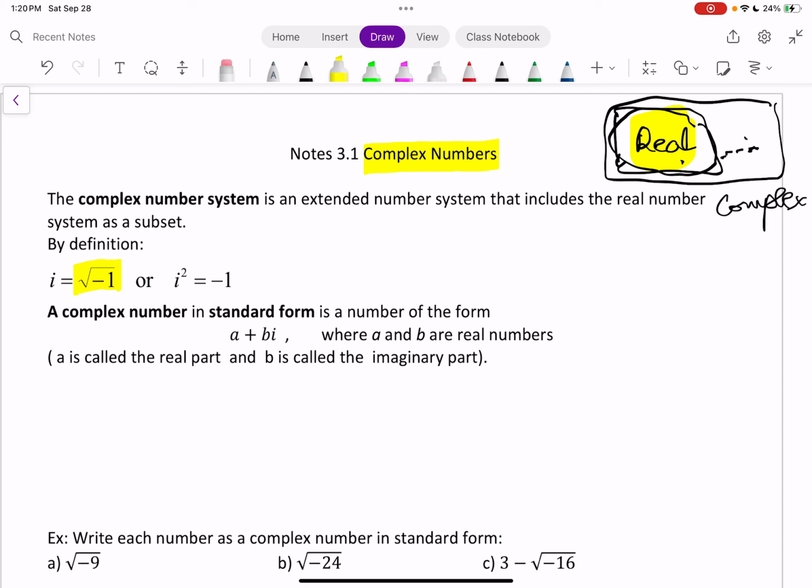However, it is a number, and therefore we had to extend this set of numbers, and we call the square root of -1 i. It's not 1, it's not 2, it's not x, it's the number i. And i stands for the imaginary unit.